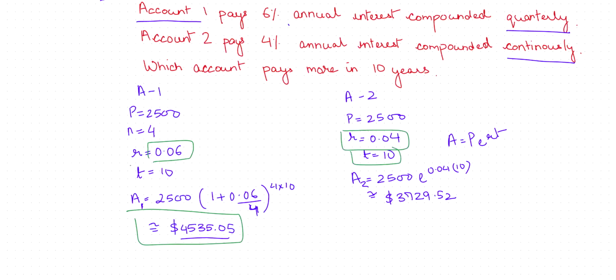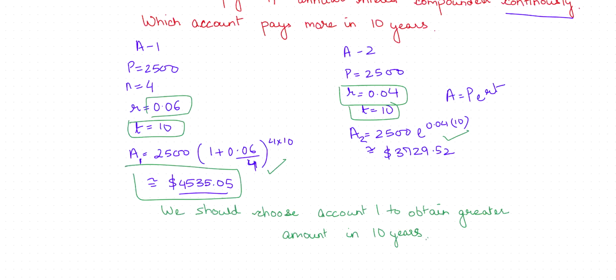Here we used compounding quarterly, 4 times a year, while there we used continuous compounding. So we should choose account 1 because it's giving a greater final amount than account 2 after 10 years.